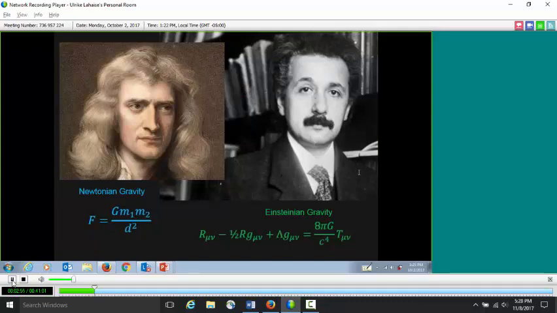The modern theory of gravity is called general relativity, and it was published by Albert Einstein in 1916. It's a very different concept of gravity. In general relativity, time is treated as a dimension similar to the 3 spatial dimensions.